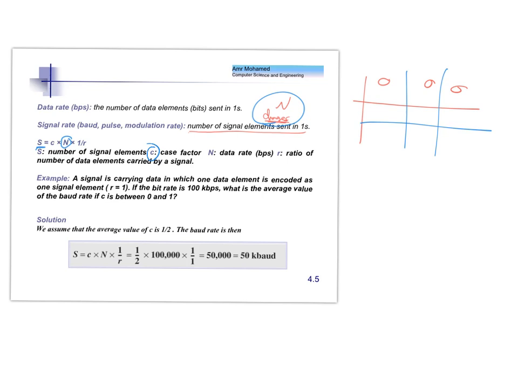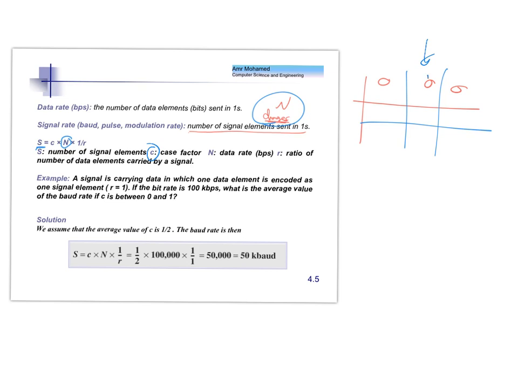Where is the C then? C is the case factor. This case factor is arbitrary and it will be given. What is it based on? It's based on this concept: when I talk about a certain stream of bits, sometimes I have the extreme case where I have all zeros, which means the signal will have zero frequency.